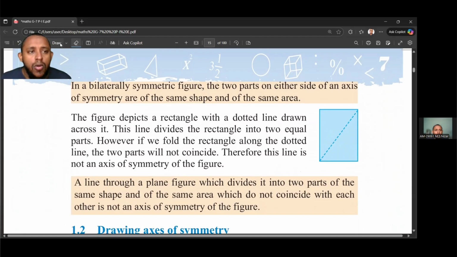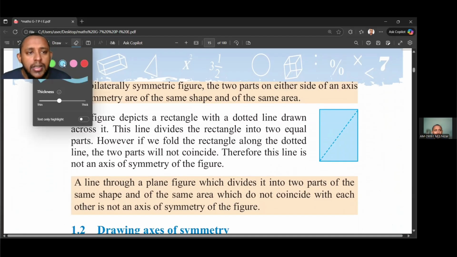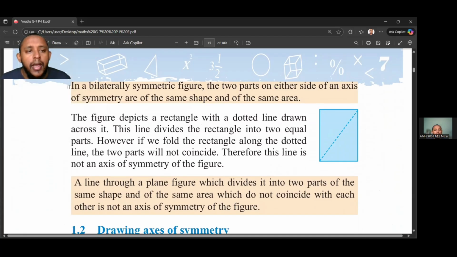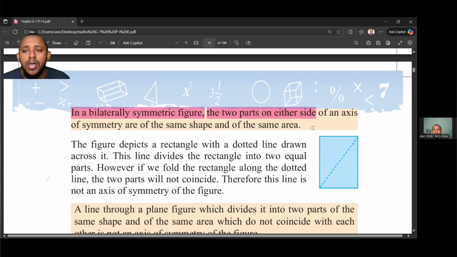There's another small note you have to understand properly. In a bilaterally symmetric figure, the two parts on either side of an axis of symmetry are of the same shape and of the same area.